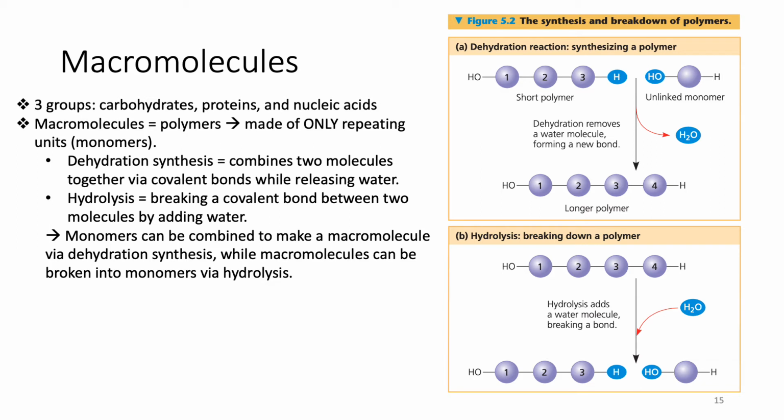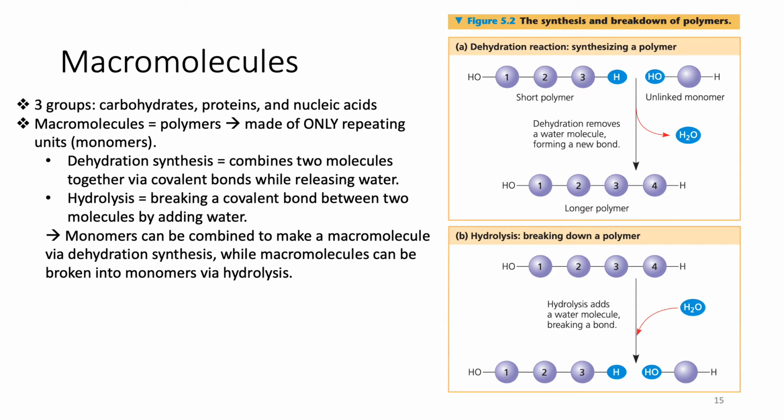In cells, these processes are facilitated by enzymes, which are specialized macromolecules that speed up chemical reactions. We will discuss in detail the structure and behavior of enzymes in the fourth lecture.